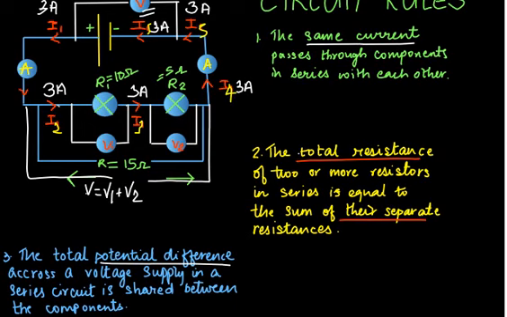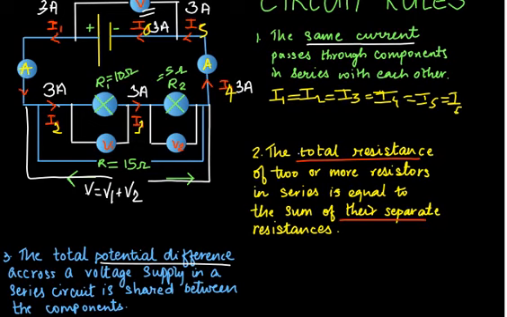Then I could have made a statement, and the statement would have been I1 is equal to I2, which is equal to I3, which is equal to I4, which is equal to I5, and which is equal to I6. Okay, that would have been a statement.